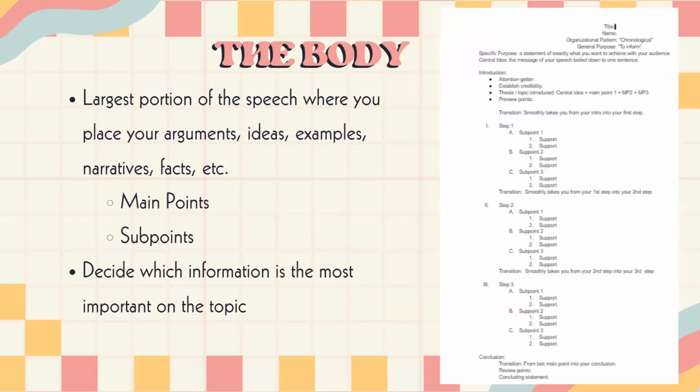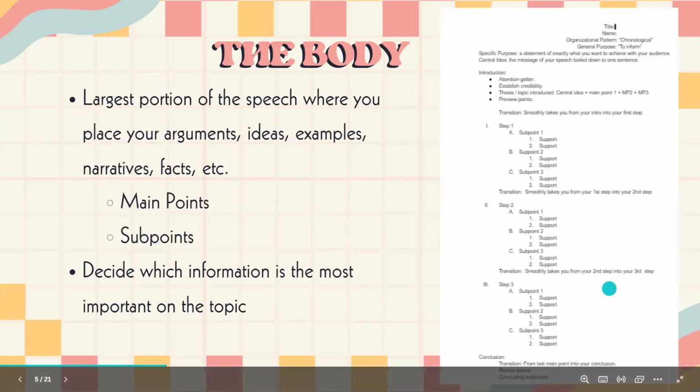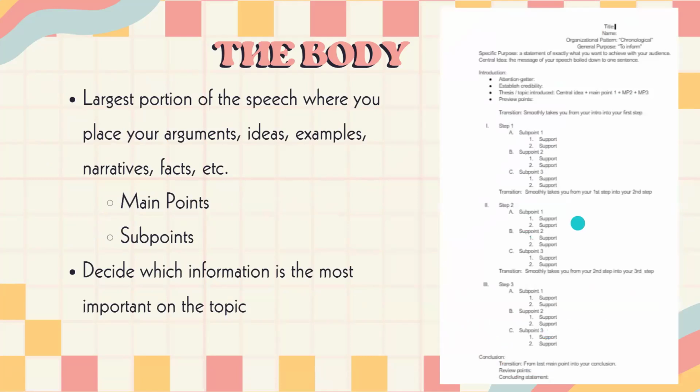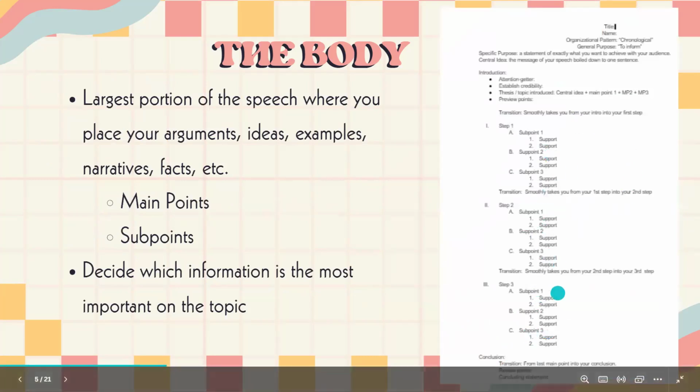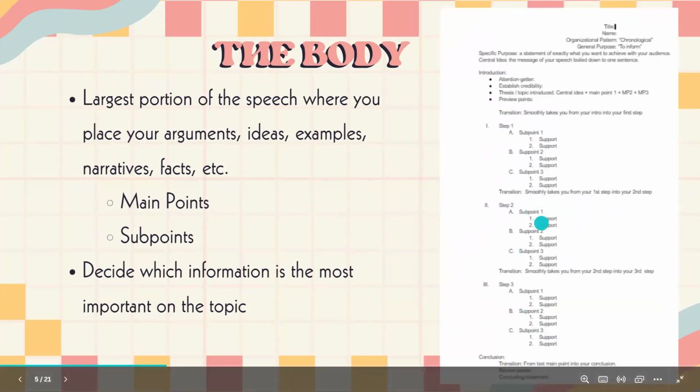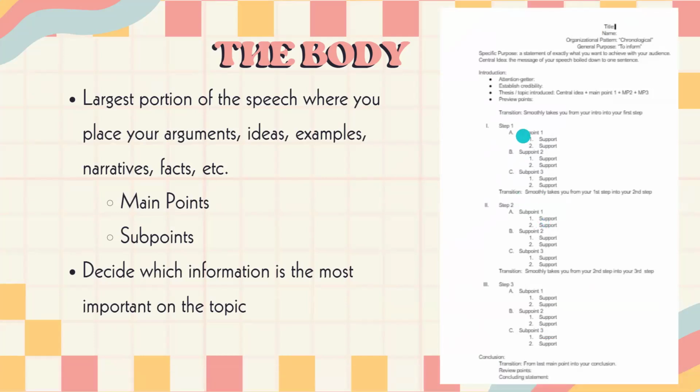In the outline, I just have 3. But truly, it is quality over quantity. This is just a guide. This is just to help you build out your argument. You can add, right? I would say every speech should be 2 to 5 main points, just so it's not too much.